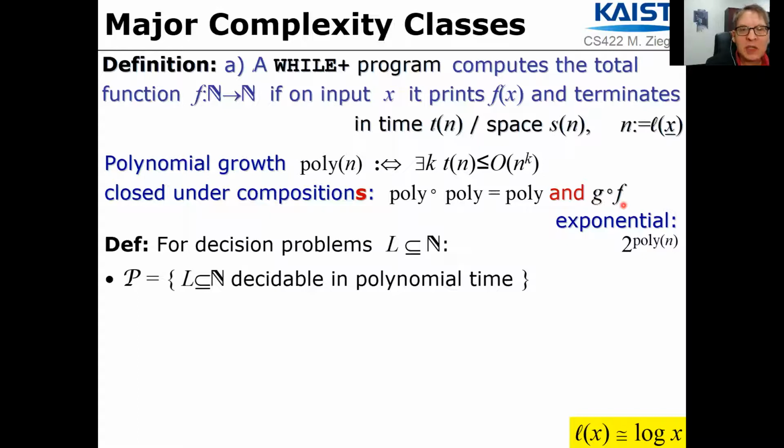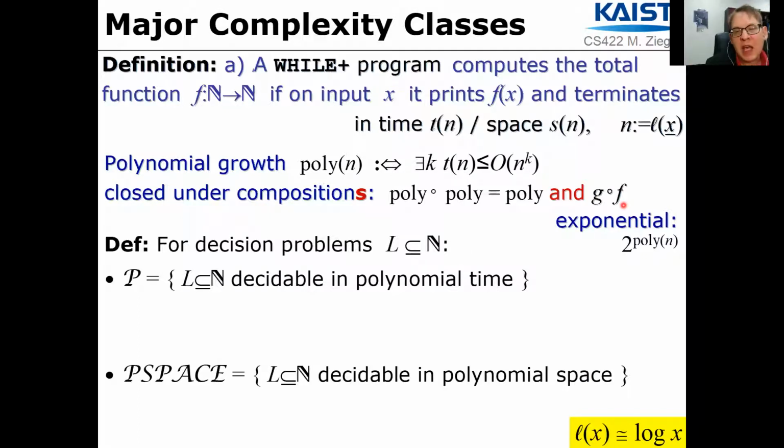But it only answers yes or no, because here we're talking about decision problems. So these are polynomial time decidable problems, as opposed to, let's say, exponential time decidable, or what we introduce next, the polynomial space decidable problems. These are problems that can be decided using an amount of memory which is polynomial in the binary length of the input. So here it's polynomial amount of memory, and there it's a polynomial number of steps.